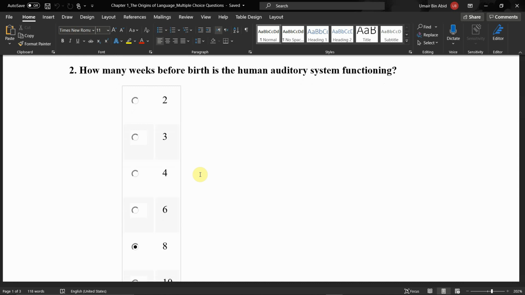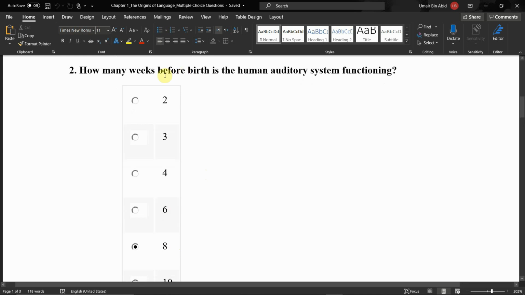A good MCQ is always something which makes you ponder something other than the book. Or now it is not other than the book, but instead of saying after how many months the baby's auditory system starts functioning, they are asking how many weeks before birth.